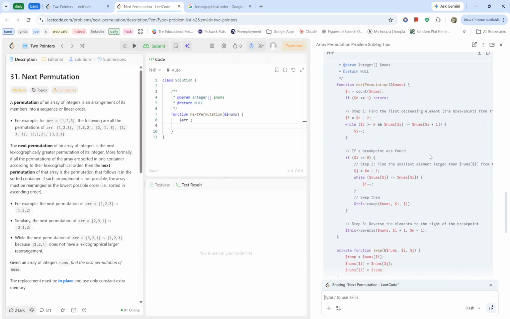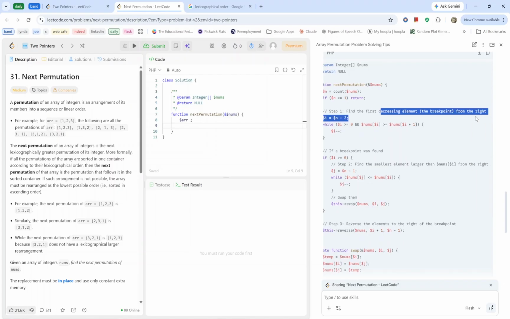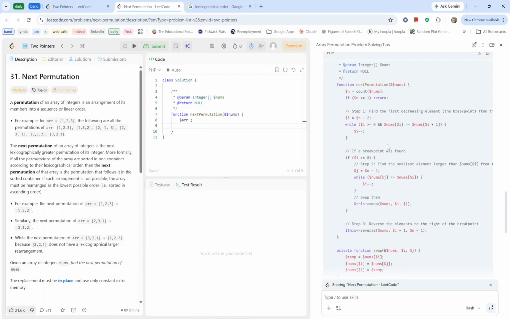Okay, let me see here. All right, so you're counting the number, and if it's one or less, you just return it, nothing. Then you do step one, find a decreasing element, the breakpoint from the right.